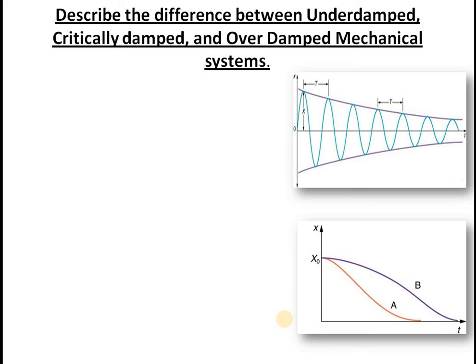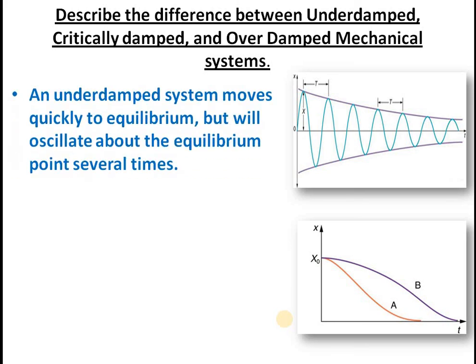And now let us sum up whatever we discussed in the last two videos under the title damped harmonic oscillator. We discussed the three types of oscillation. The underdamped system moves quickly to equilibrium, but will oscillate about the equilibrium point several times.